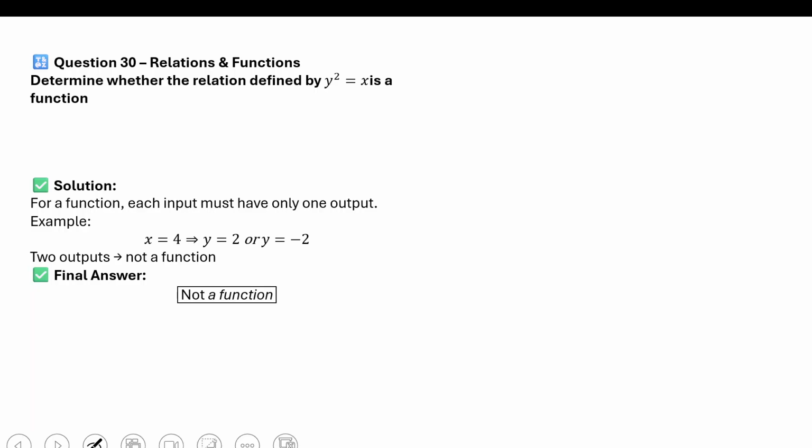So if, for instance, I have x equal to 4, y is either 2 or minus 2. Why? Because 2 squared will give you 4, minus 2 squared will also give you 4. So 2 outputs is not a function. So y squared is equal to x is not a function, because I will be having 2 outputs if I have 1 input.